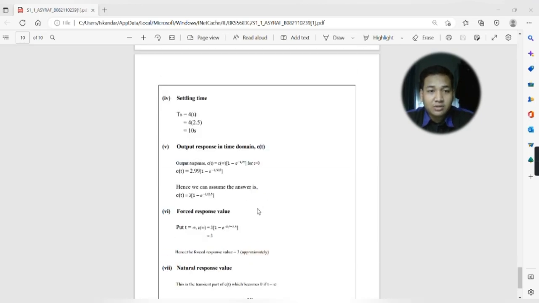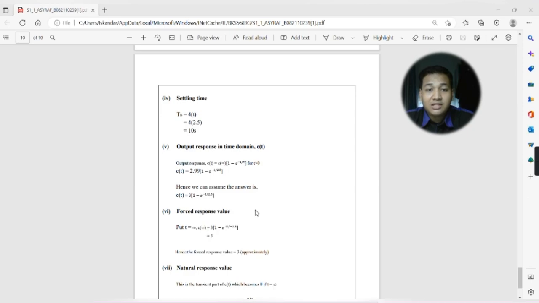For the next question, the output response in the time domain. The output response is c(t) equal to c infinity in the bracket of 1 minus e to the power of negative t over tau, for t larger than 0. So we got c(t) equals 2.99 in the bracket of 1 minus e to the power of negative t divided by 2.5.